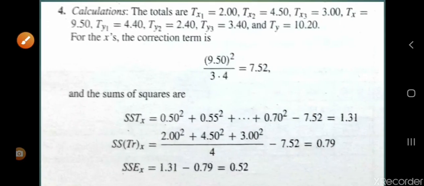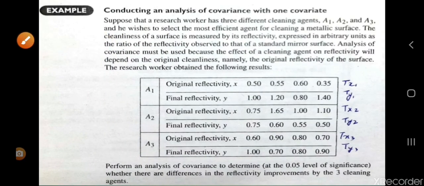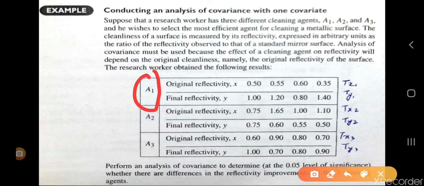Next, we will make calculations. First, we'll calculate total, treatment and error sum of square values for x, similarly for y, and then we will proceed to sum of products. So TX1 is given, I will calculate TX1. This is for the first treatment, total of the first treatment varying from 1 to 4. So 0.5 plus 0.55 plus 0.6 plus 0.35 will give us TX1.